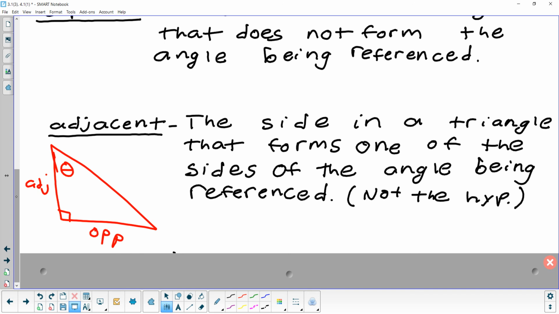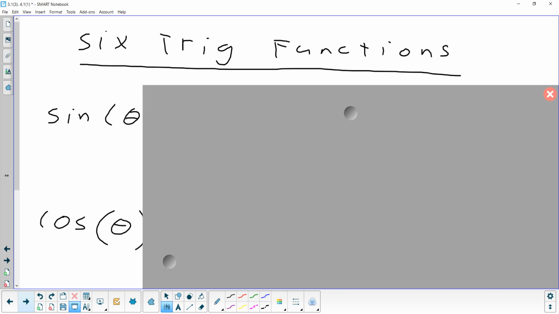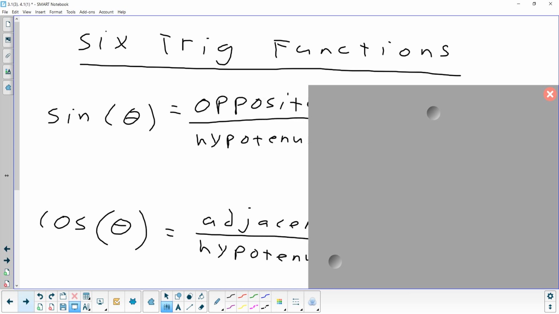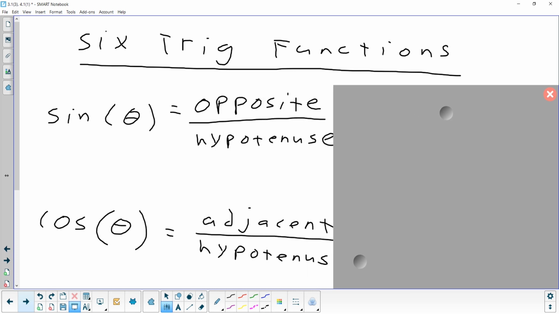Okay, so now let's write the definitions of the 6 trig functions, but this week we're not using a coordinate. Last week you had to know an x and a y value. We don't need that this week. So sine is defined to be the length of the opposite side divided by the length of the hypotenuse.